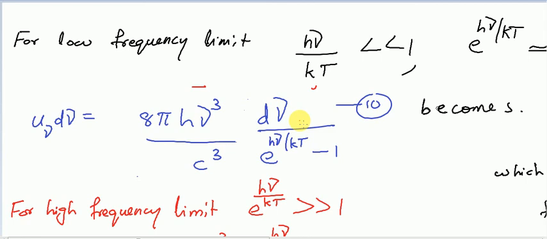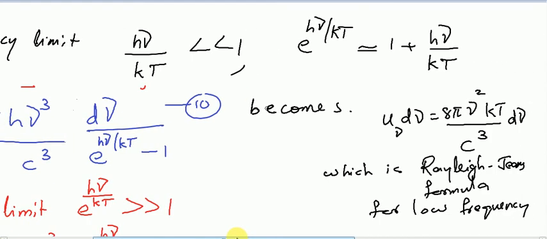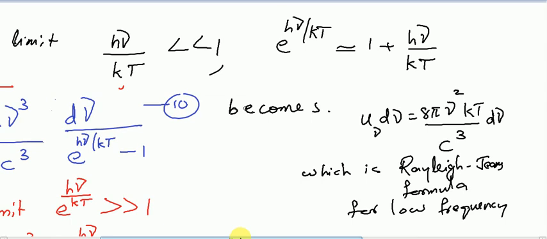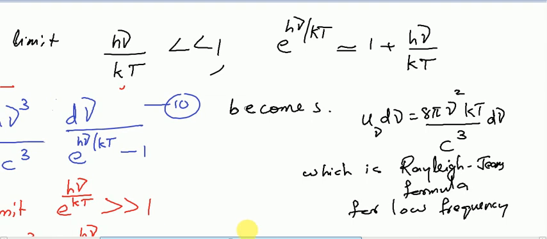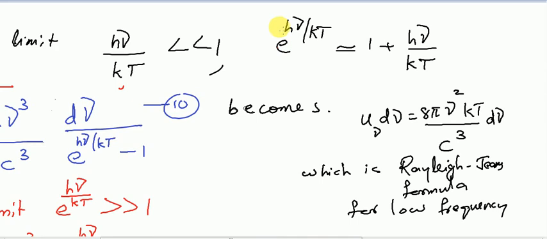For the low frequency limit, we can write h nu divided by kT very much less than 1, and therefore we can expand e to the power h nu by kT as a power series, and we obtain e to the power h nu by kT as 1 plus h nu by kT. The expansion steps we are omitting here. We are taking the final result: for the power very much less than 1, we can approximate the value as 1 plus h nu divided by kT.